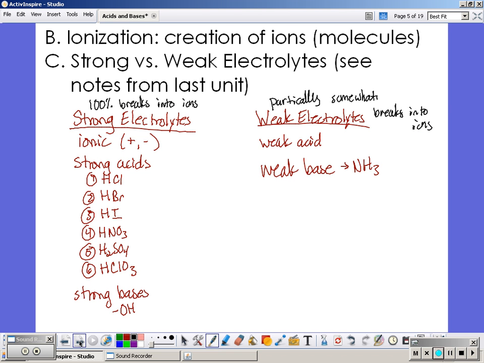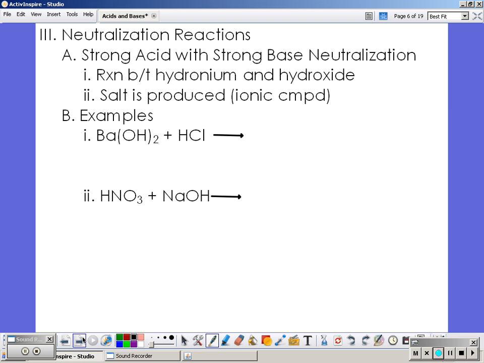A neutralization reaction is when you take your acid and your base and you put it together. So this is the second type of double replacement reactions. So we have AB plus CD, and that's going to turn into AD plus CB. So A is barium, Ba plus 2, and chlorine, Cl minus 1.